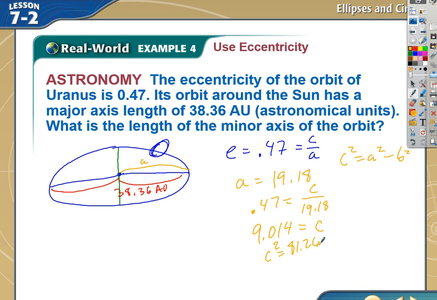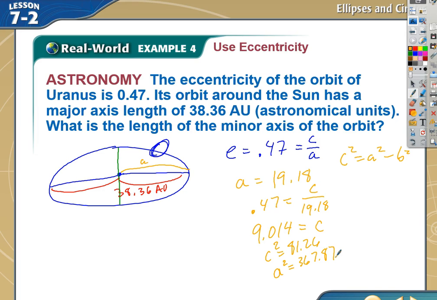And 19.18 squared for A is 367.87. So A squared is equal to 367.87. And now it's a plug and chug. All right. So we do 81.26 minus 367.87.